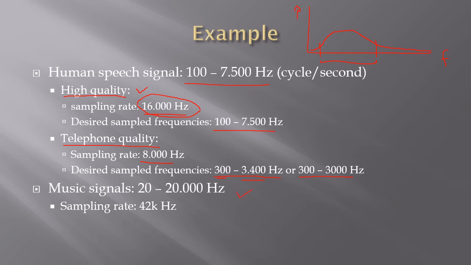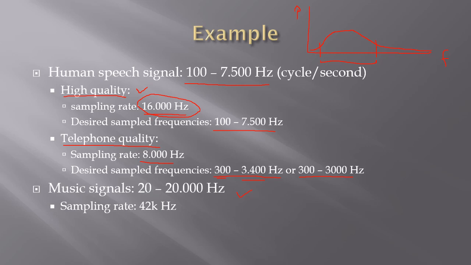Now, the one at the bottom asks, what if we have music signals? When a music signal is designed to use the 20 kilohertz full range, it is because of our ears. Our ears can hear a sound from 20 up to 20,000 hertz.